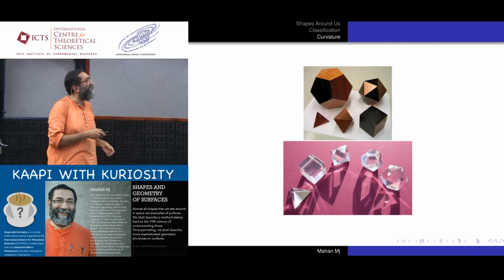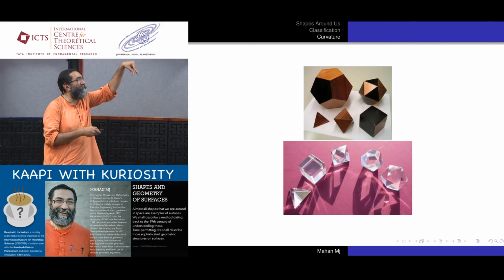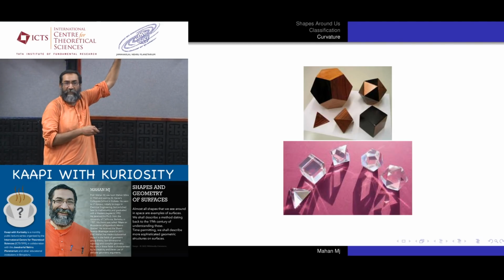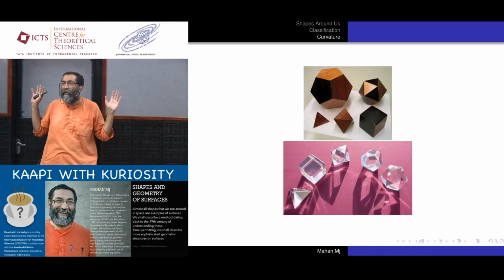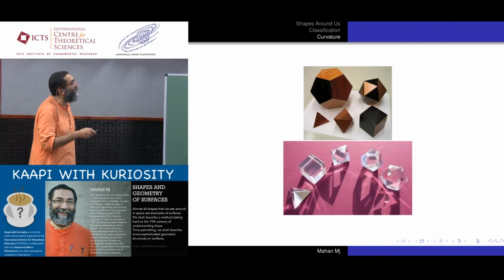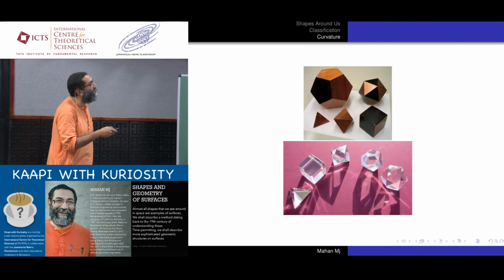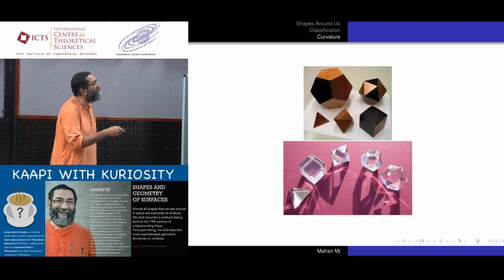Basically, these gadgets have a common property. Each vertex, each corner, has the same number of faces and the same number of edges hitting it. Every face has the same number of edges. It's as regular as you can think of. This gadget here is a little more involved than this one. This has 12 faces, this has 20. And this is a tetrahedron.